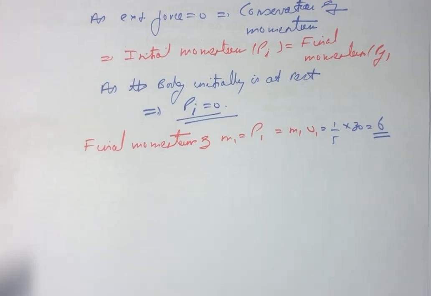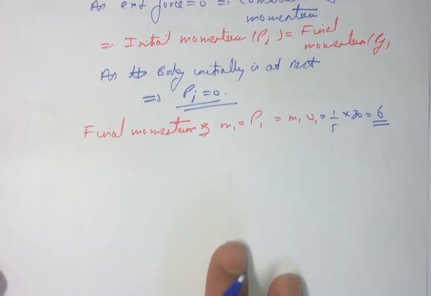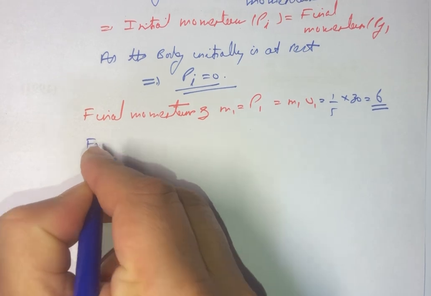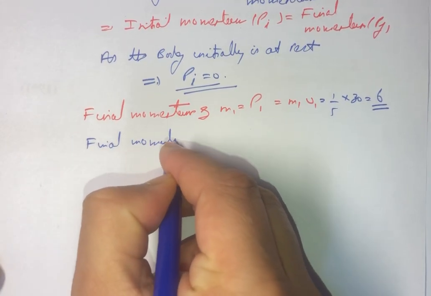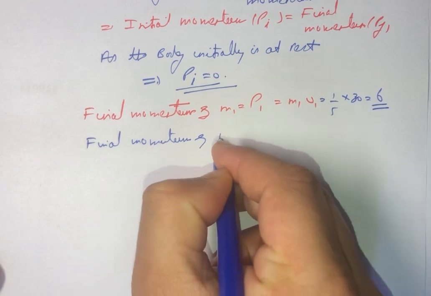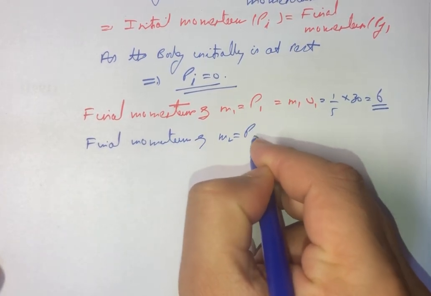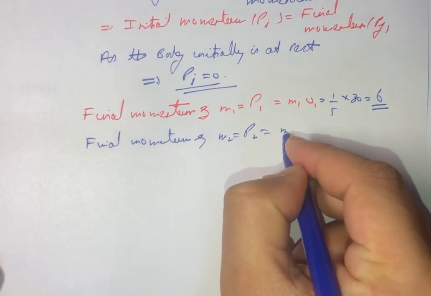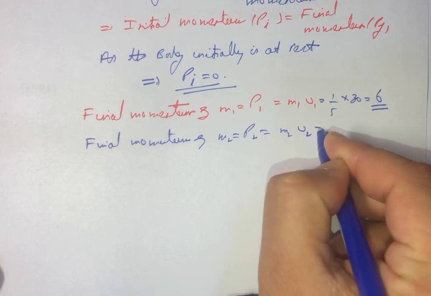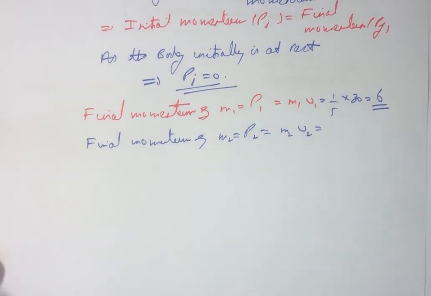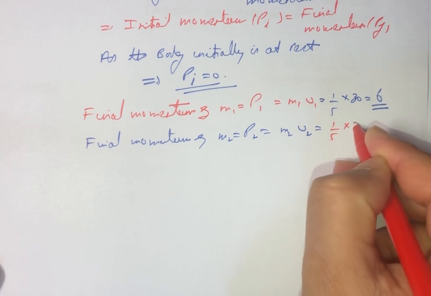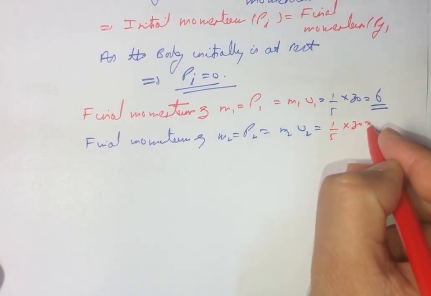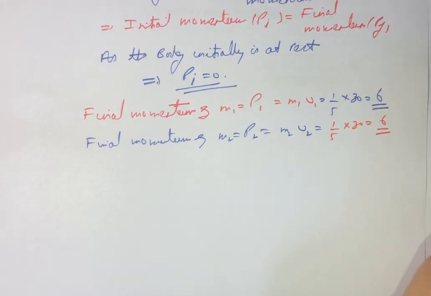Similarly, the final momentum of m2, let us call it p2, equals m2 multiplied by v2, which is again 1/5 times 30, also coming to 6.